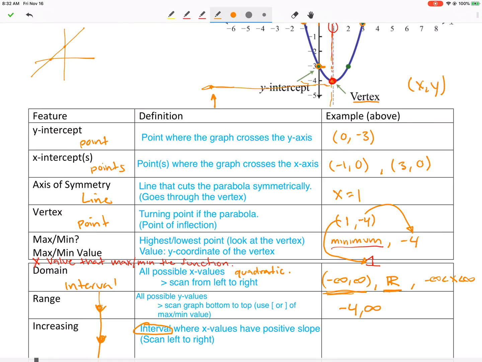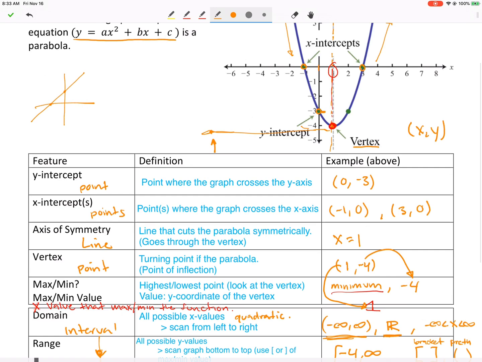And so here's the one thing that we need to realize, remember what the difference is between a bracket and a parenthesis, which is more like this, okay? A bracket tells us that the value that's right next to it is included.